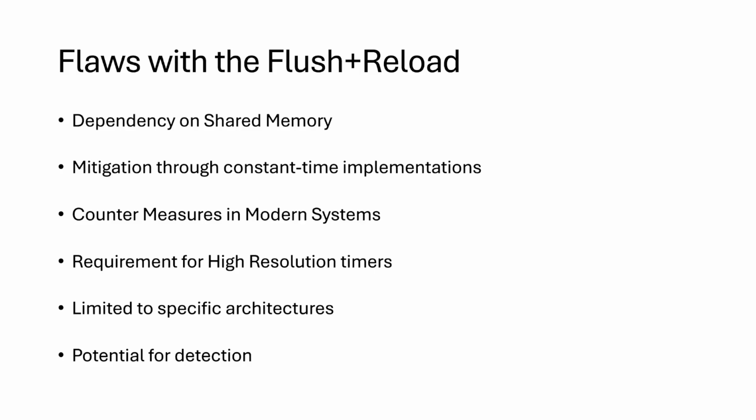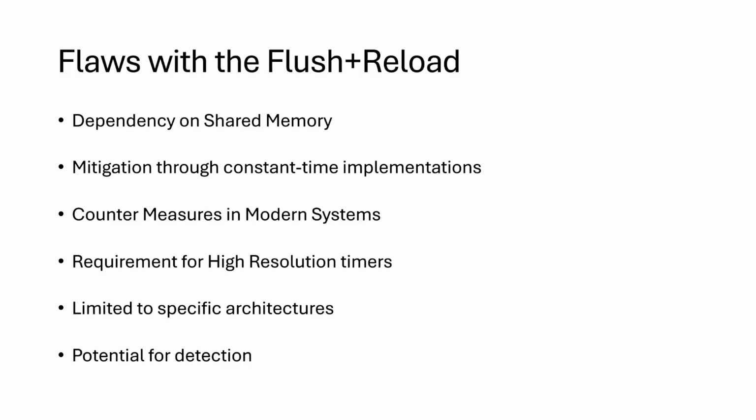Then we have cache flushing, which regularly clears cache content to reduce the window of opportunity for attacks. Then we have disabling page duplication, which prevents the sharing of identical memory pages between these processes. So these are some countermeasures we could do with our modern CPUs. These can significantly reduce the feasibility and effectiveness of Flush+Reload attacks.